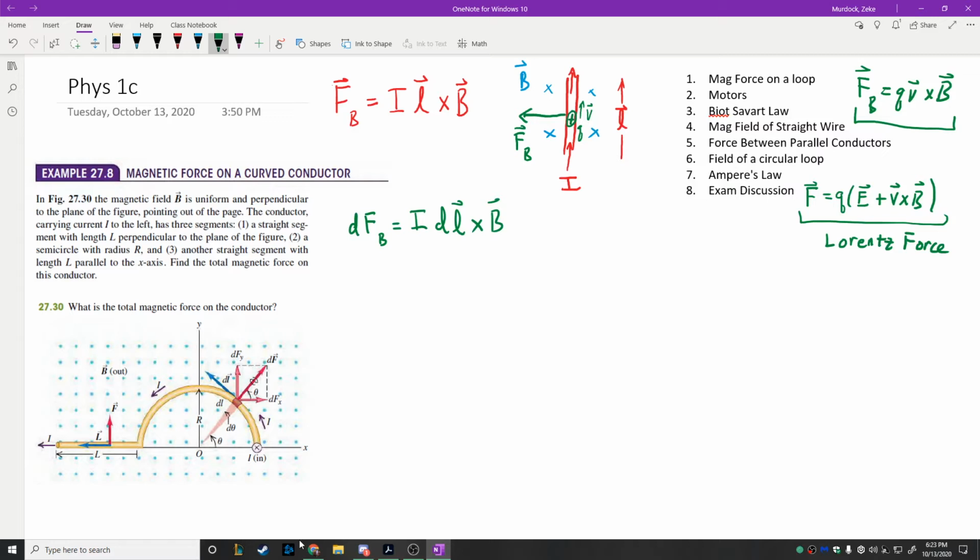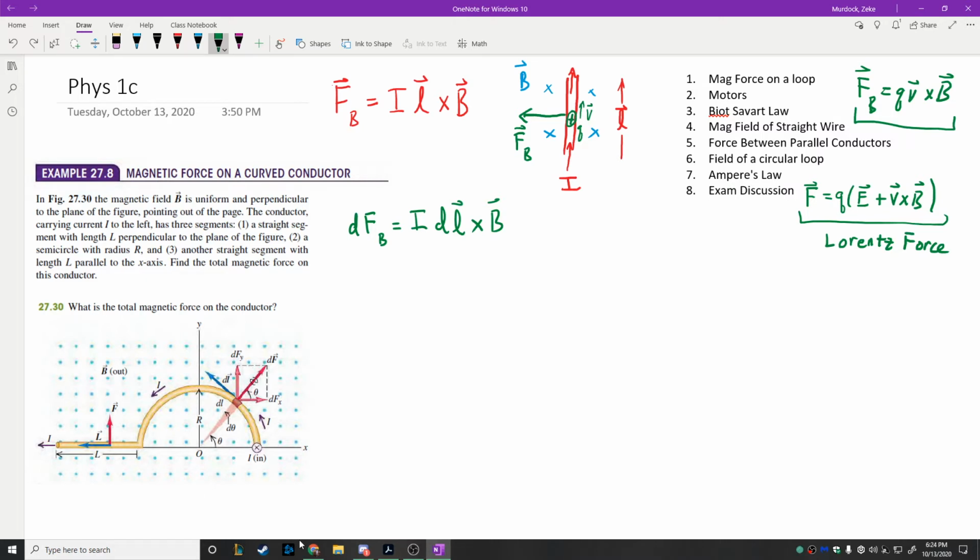Wait, why is it inwards? Okay, so there's a wire coming in this way, actually, is what they're saying. And the current goes in that way and then up this way. Okay, I think I understand that. It's kind of weird. And then a semicircle with radius r right here. And then another straight segment with a length L parallel to the x-axis right here. Find the total magnetic force on this conductor.